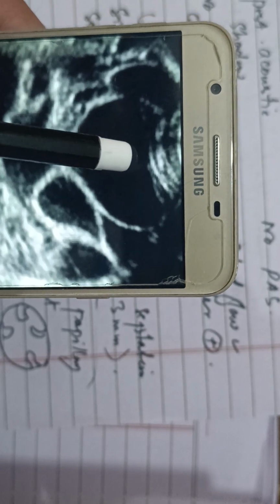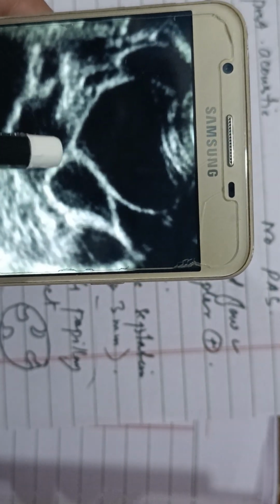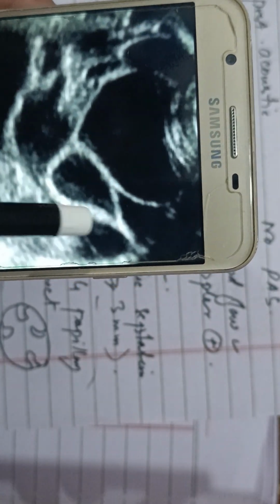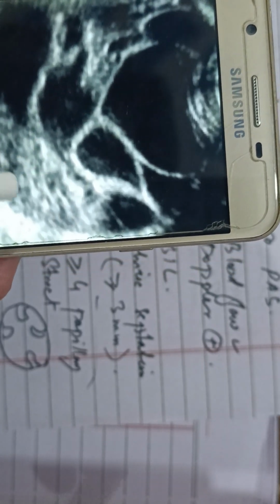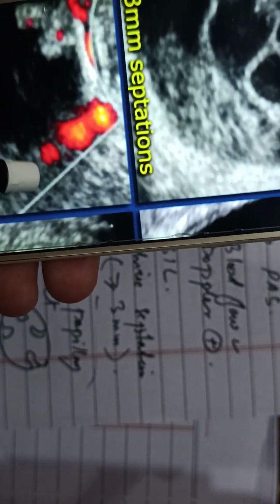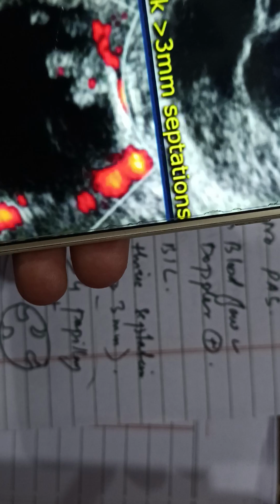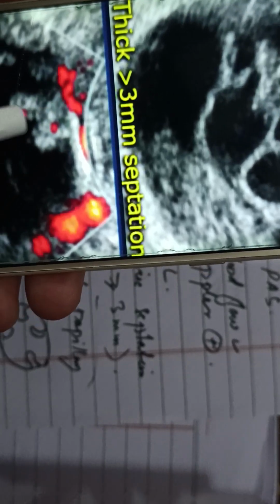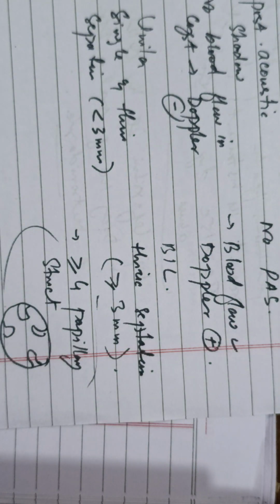Because it is multiloculated with thick septations, and there is a solid component, this one, and you can see that on Doppler ultrasound there is blood flow. It means this is malignant, and these are the papillary projections. That's all about the benign versus malignant features of ovarian cyst on ultrasound pictures.